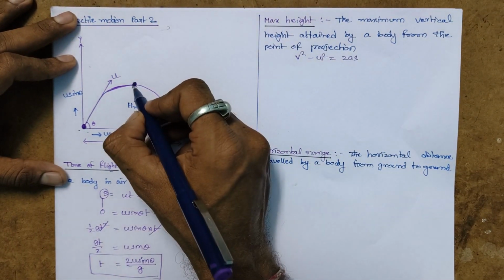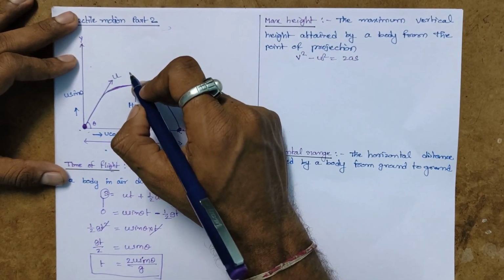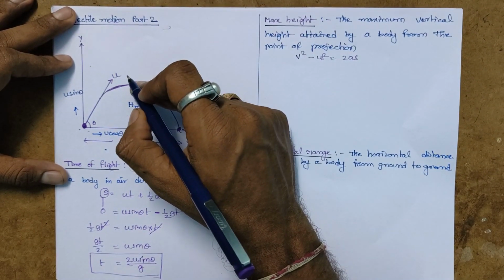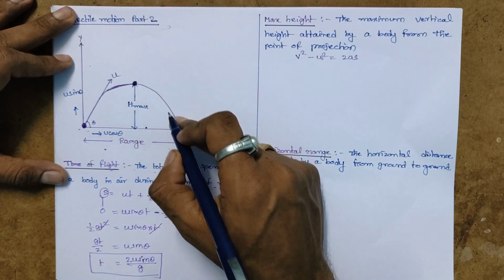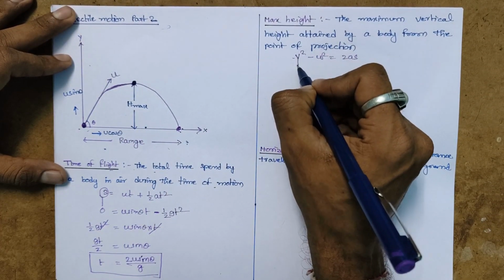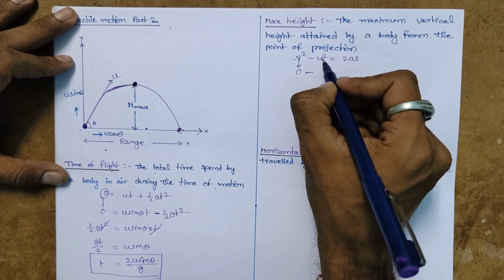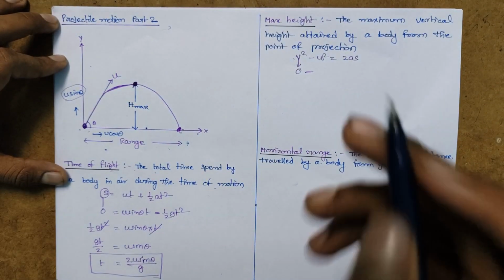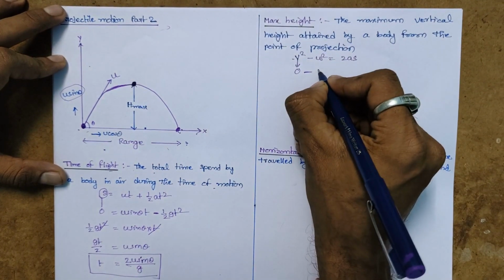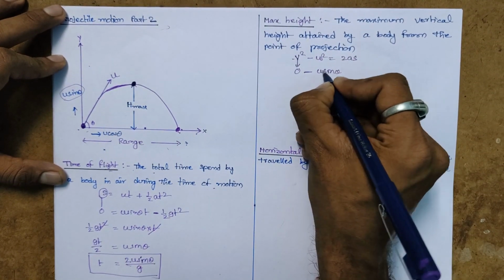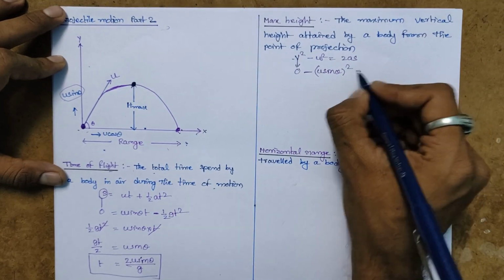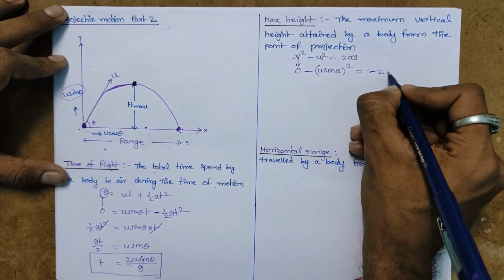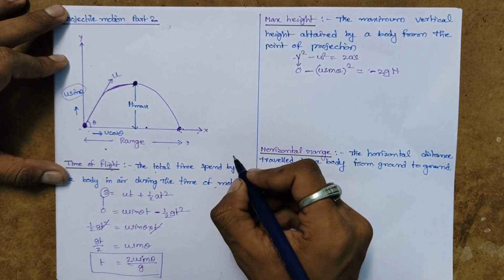Okay. So exactly at the highest location, there is no vertical component of velocity, because after reaching this highest point, the body is coming downward only, right? So v square becomes 0 minus, in the vertically upward direction, what is the component? u sin theta. So instead of u, I am taking u sin theta whole square is equal to, upward means acceleration becomes negative, so minus 2g into h.